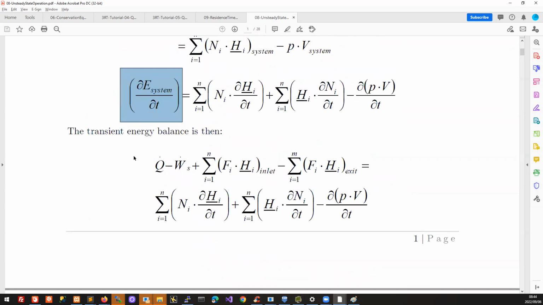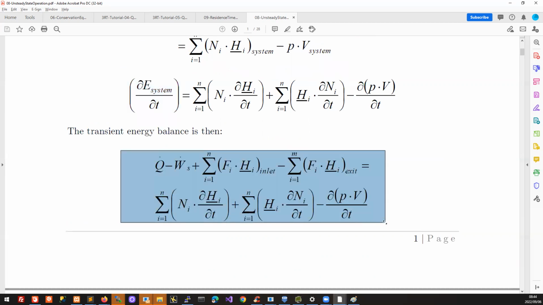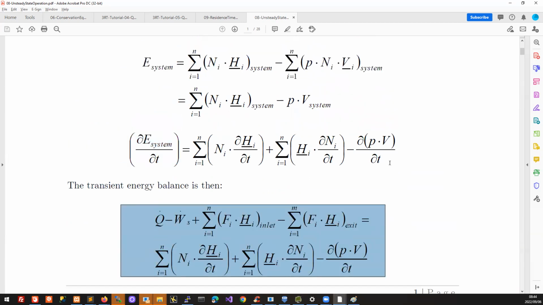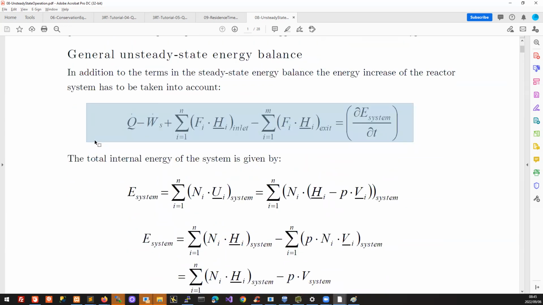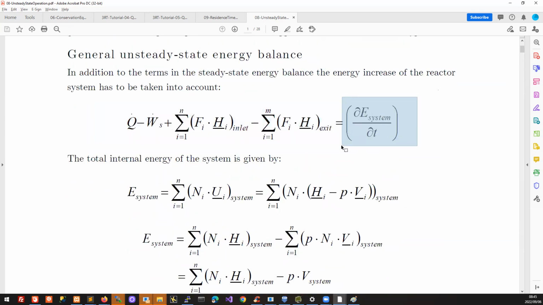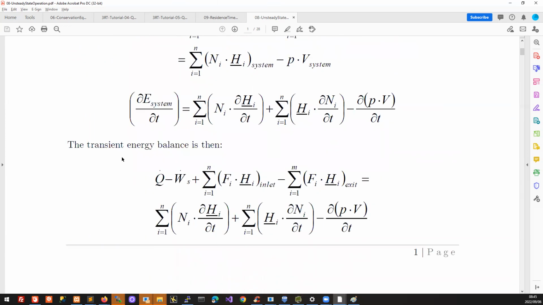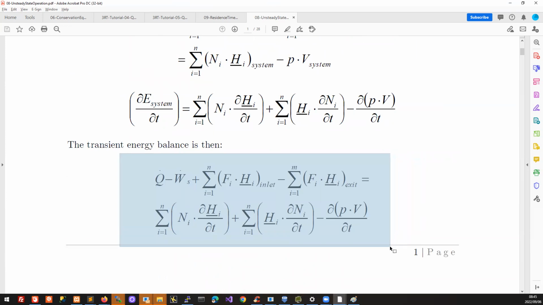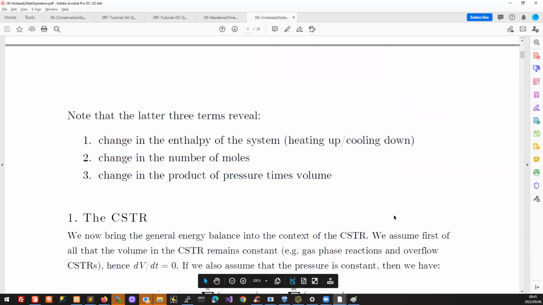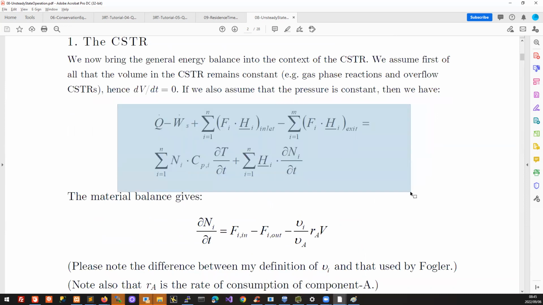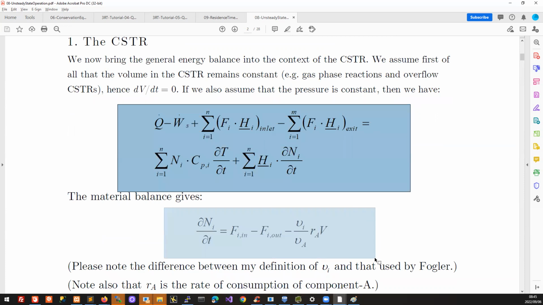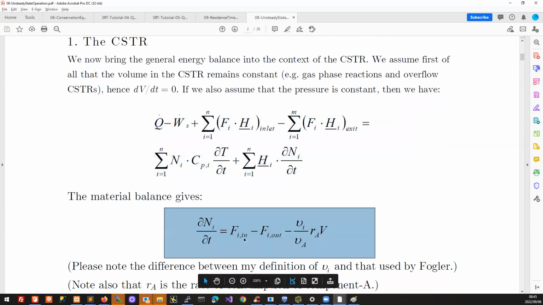But this is our general updated energy balance now. If we expand out for dE/dt, this is the general balance. We now know how to expand out for dE/dt, and then we can rewrite the equation in that form. So that's our updated energy balance. And then in the case of the CSTR, of course, there's the balance, and we know this material balance applies.